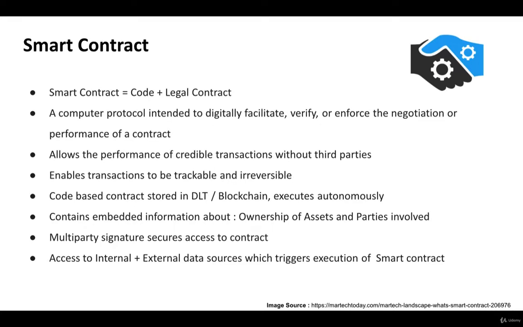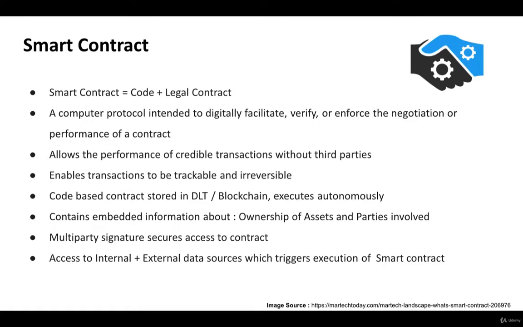The information about a property is available online on many sites, but when the information is available on the blockchain, I can log in and a smart contract can be executed depending on the terms and conditions between the buyer and the seller, where the third party is not involved.